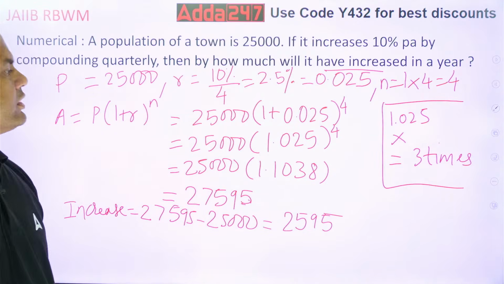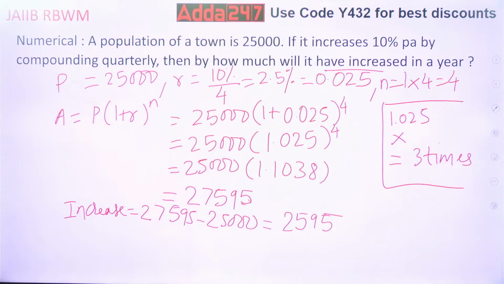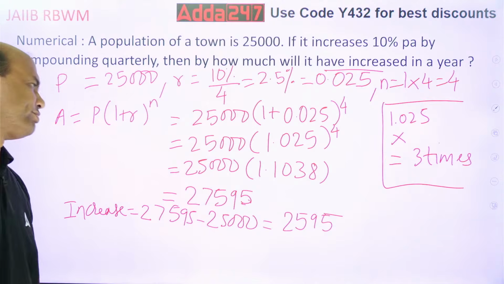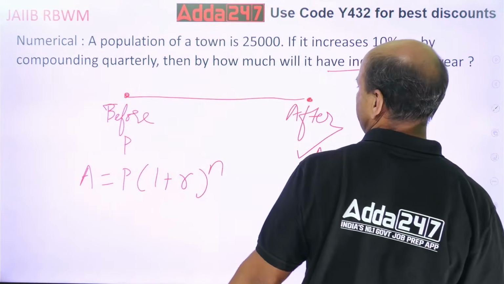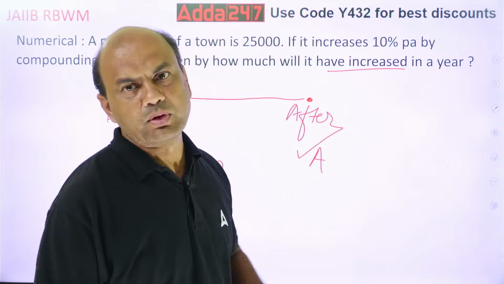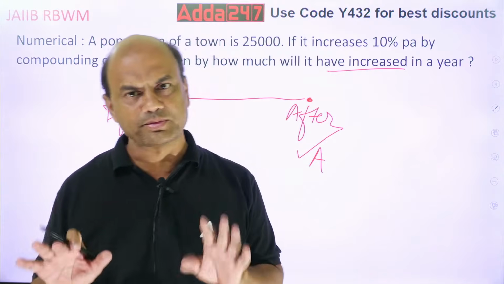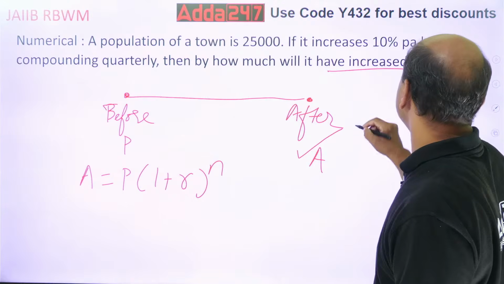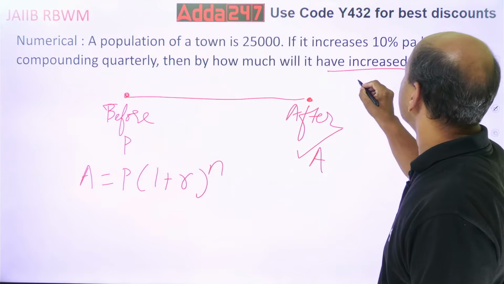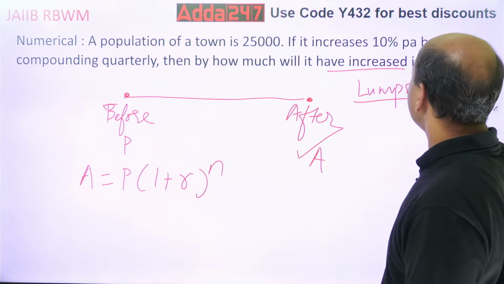Now, one question which Danishka has asked is, what is the difference between compound interest and future value? Actually, there is no difference, to be frank. Compound interest is basically for lump sum payment. There are two types of payments: lump sum and annuity.